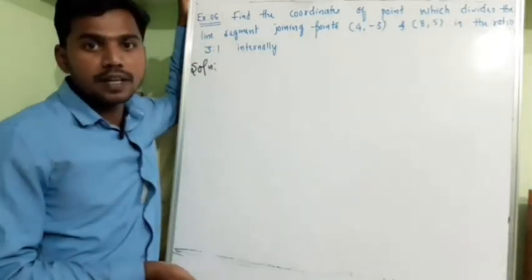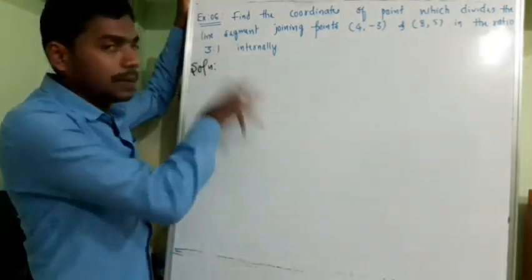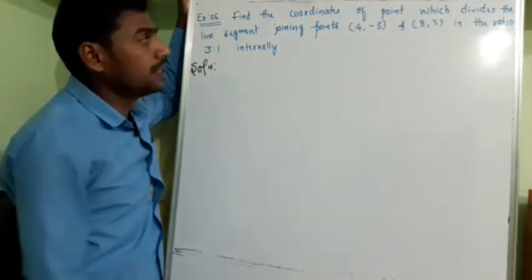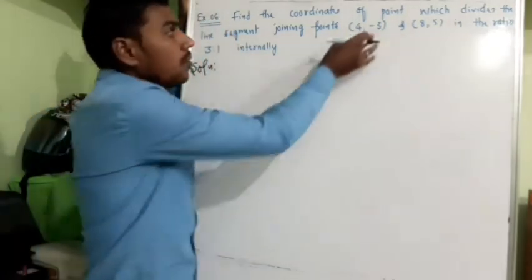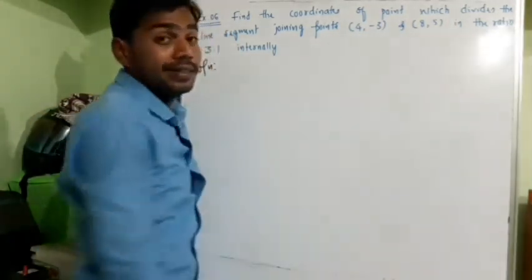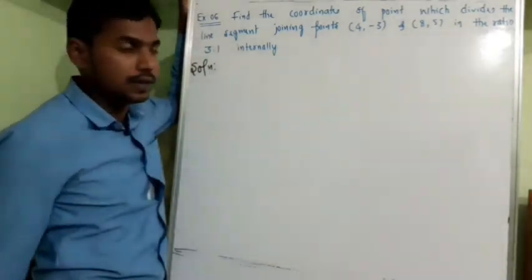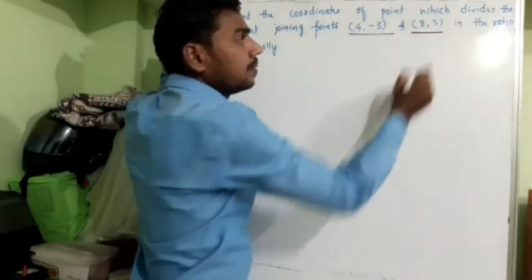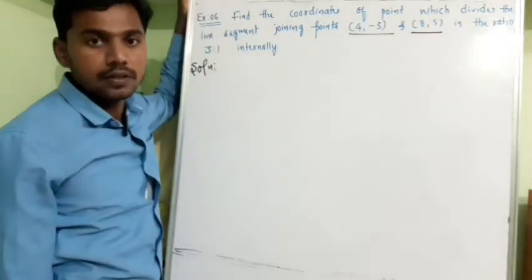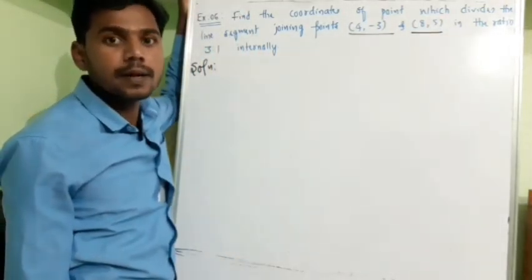Now the example based on the section formula. Example number 6. Find the coordinates of the point which divides the line segment joining points (4, -3) and (8, 5) in the ratio 3:1. The points A and B are given, and we need to find x and y.